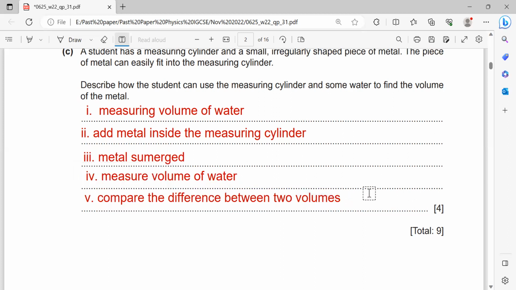Yeah, we should compare the first volume and the second volume. Okay, then we're going to measure the volume. Okay.